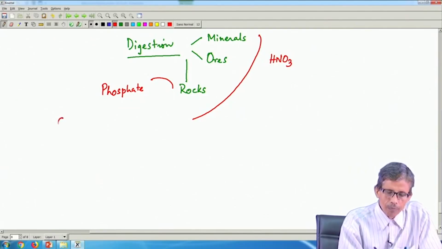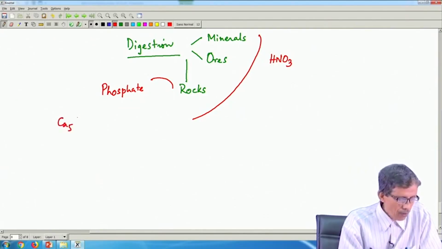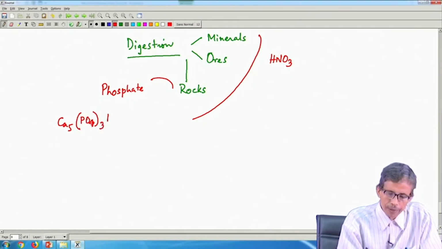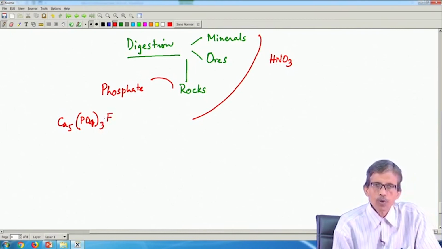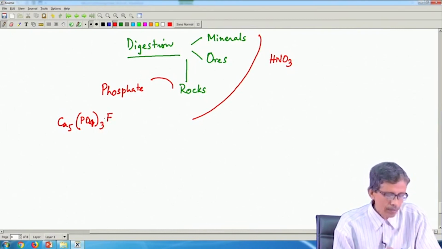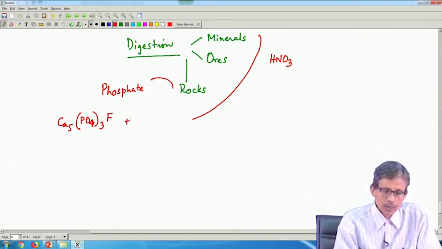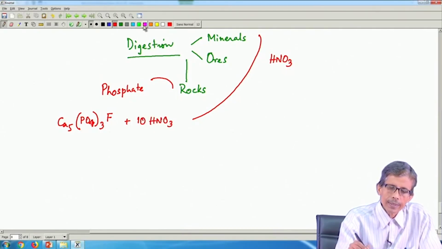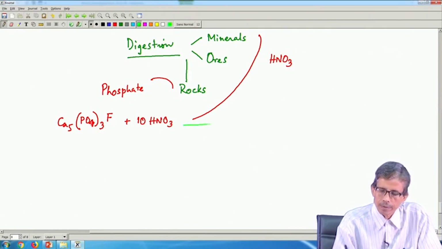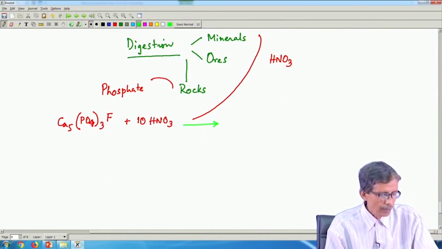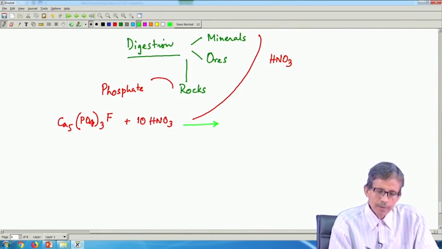So, one such example of those rocks is Ca5(PO4)3F, calcium fluorophosphate, which is being attacked by nitric acid. And that nitric acid is utilized in a nice way to release this calcium.